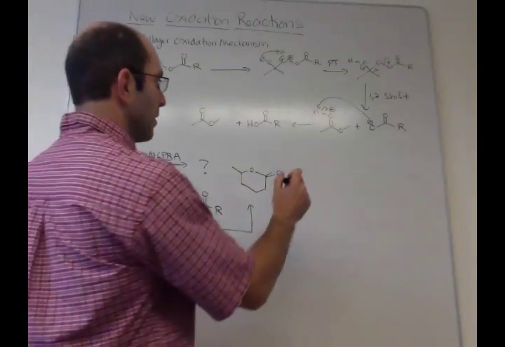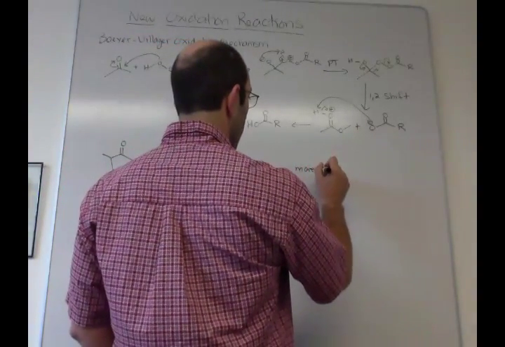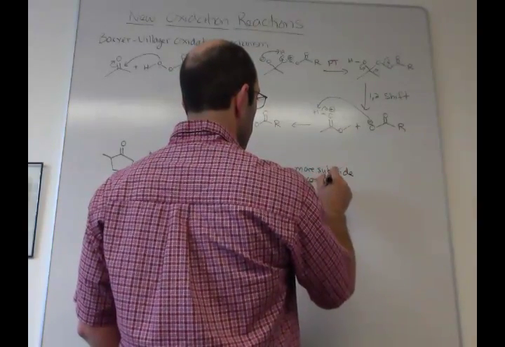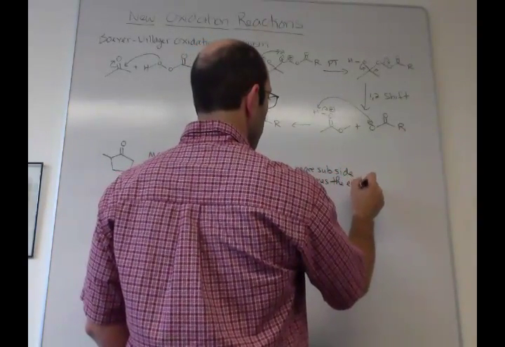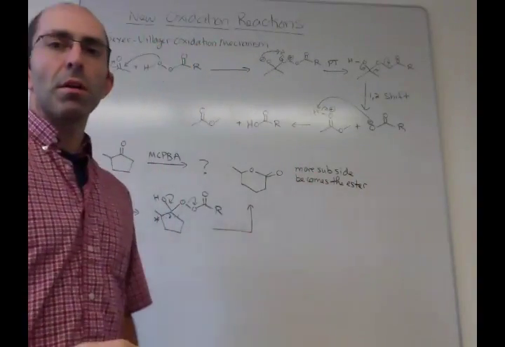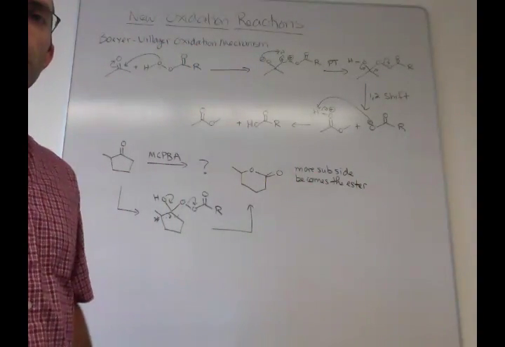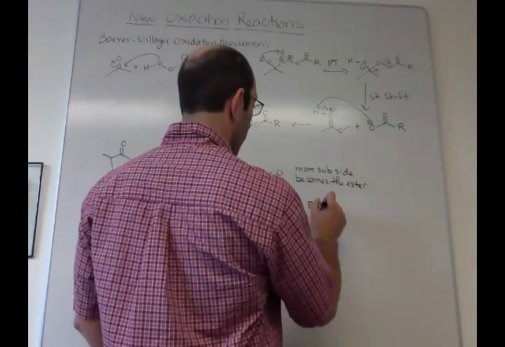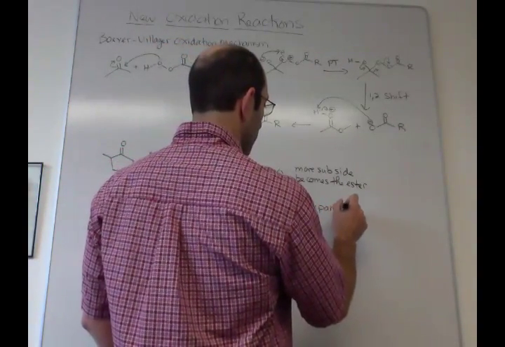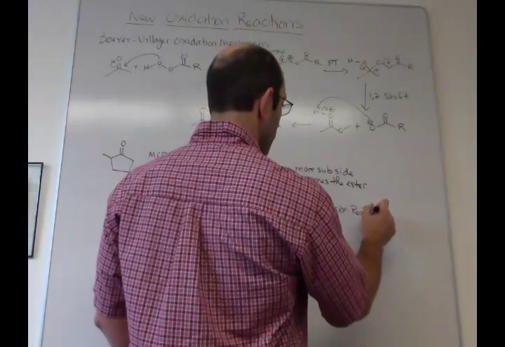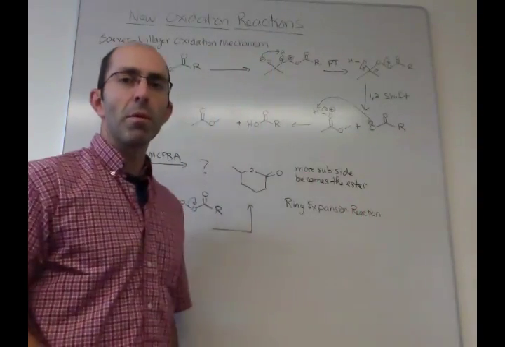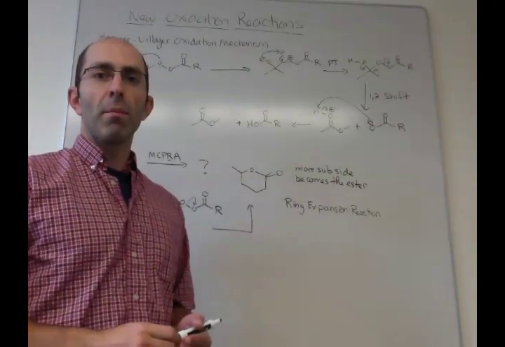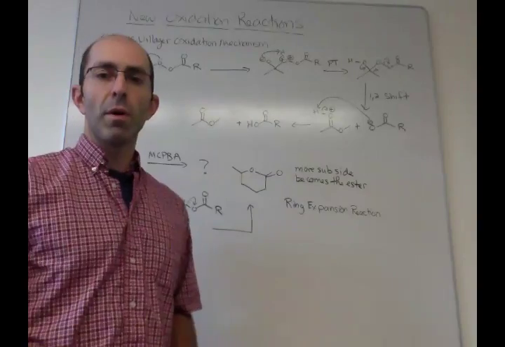And again, let's just remember the more substituted side becomes the ester. And as we saw in class yesterday, this is a really nice reaction to do a ring expansion. All right, so this is a ring expansion reaction in which we've taken a 5-membered ring to a 6-membered ring. All right, and again, on the daily problems for Wednesday, you'll have the opportunity to practice both of these new oxidation reactions.